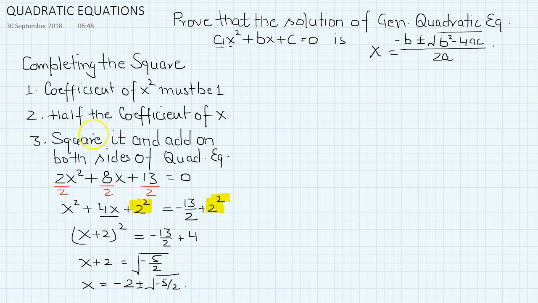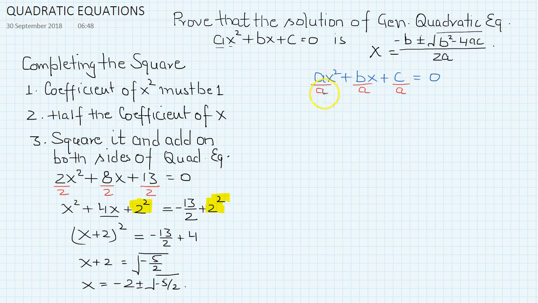Now we are going to use this knowledge, completing the square, to find this formula. So let's start. Our equation is ax square plus bx plus c is equal to 0. Now first thing is the coefficient of x square must be 1. So we divide all by a.